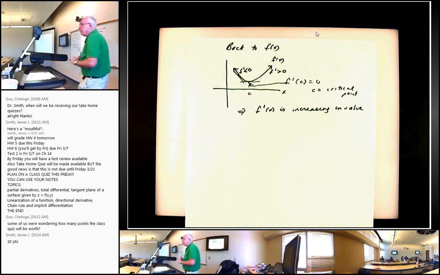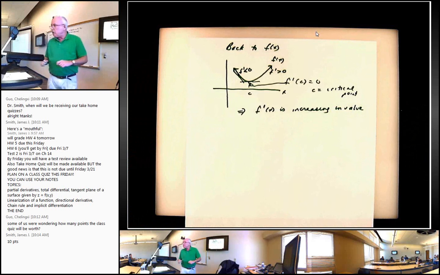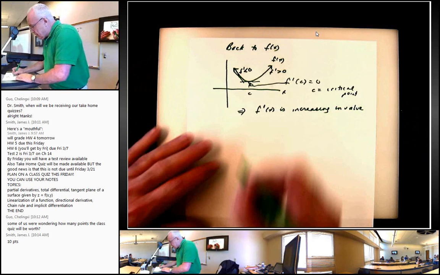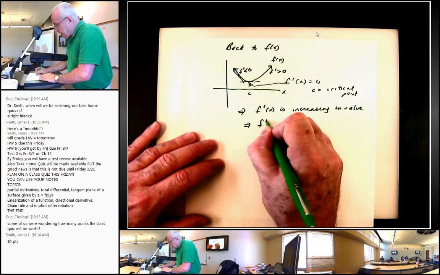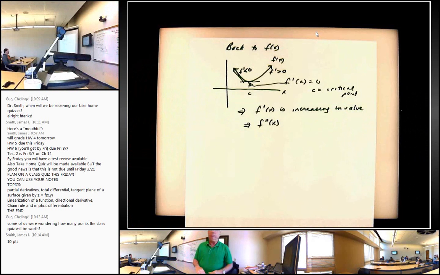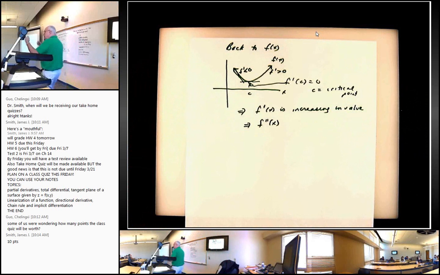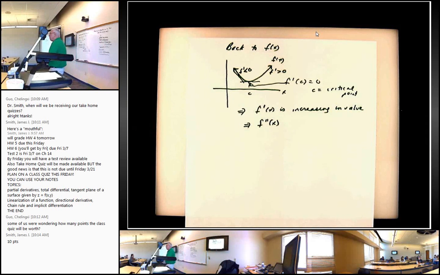All right. Now, if the first derivative is increasing in value, what can I say then about its derivative, which is the second derivative? If a function is increasing in value, don't even think about this. If a function is increasing in value, is its first derivative positive or negative?